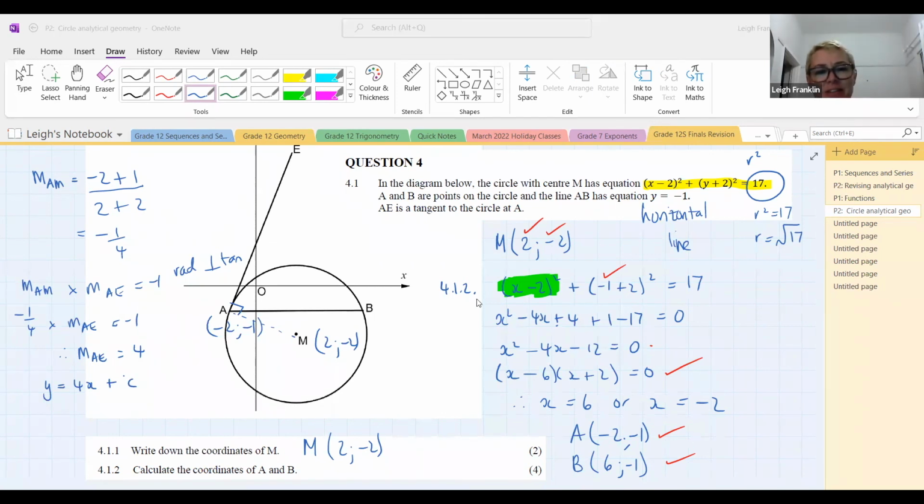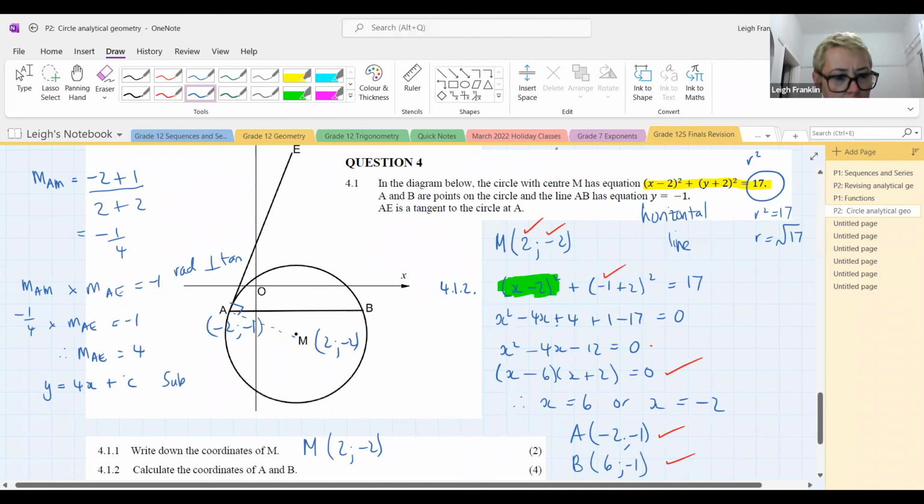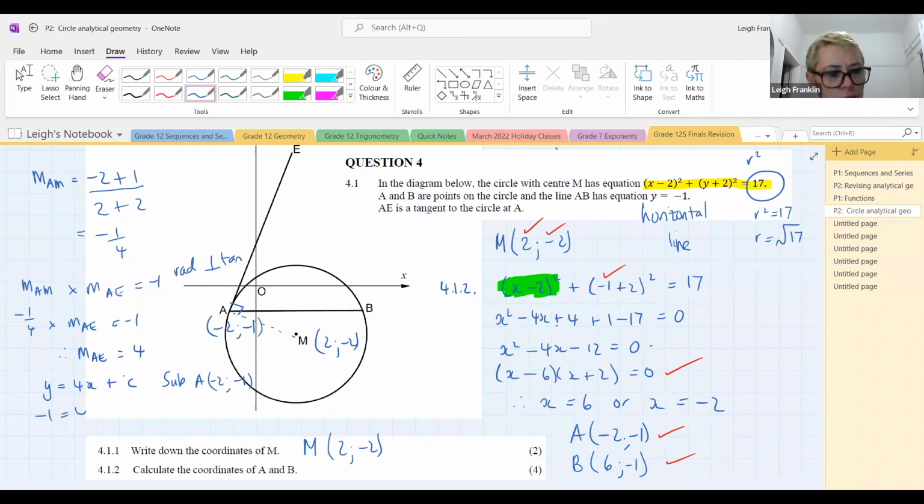That's fine, Tisha, no worries. Okay, so we would get 4. Now we're just going to work out the value of the y-intercept. And we're going to sub in point A, because line AE goes through A. So now we're going to sub in A, which has coordinates -2, -1. So -1 equals 4 times -2 plus c.